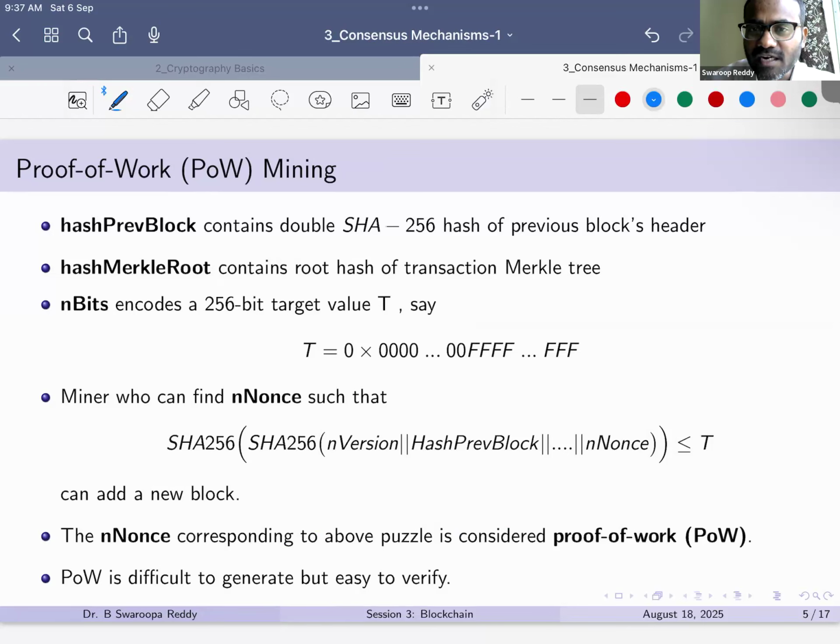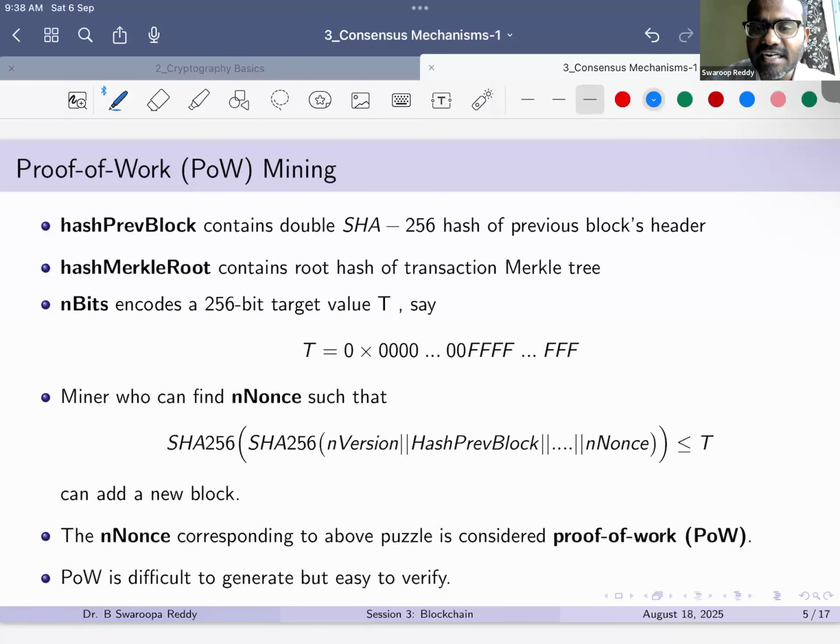If I pass that block to all the members in the network, they will include the n nonce, calculate this double hash with that n nonce value, and check this condition. If that condition is not satisfied, they will not accept my block. Only once this condition is satisfied will they accept my block. That's why I cannot put the n nonce as a random value into the block header. I need to compute it first, and only then can I include that n nonce value into the block header.